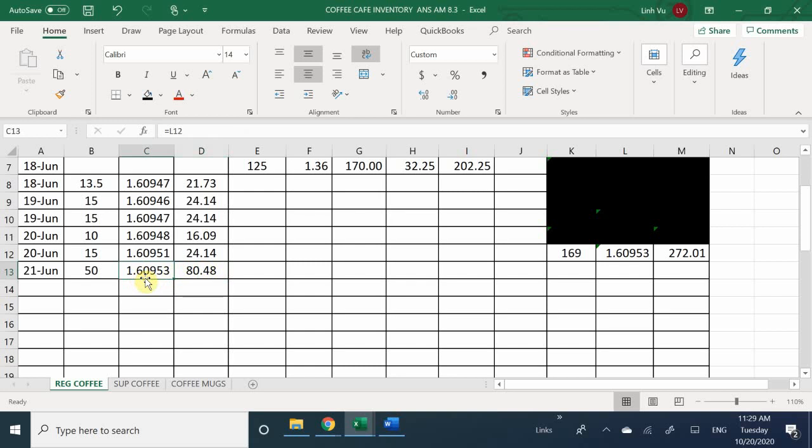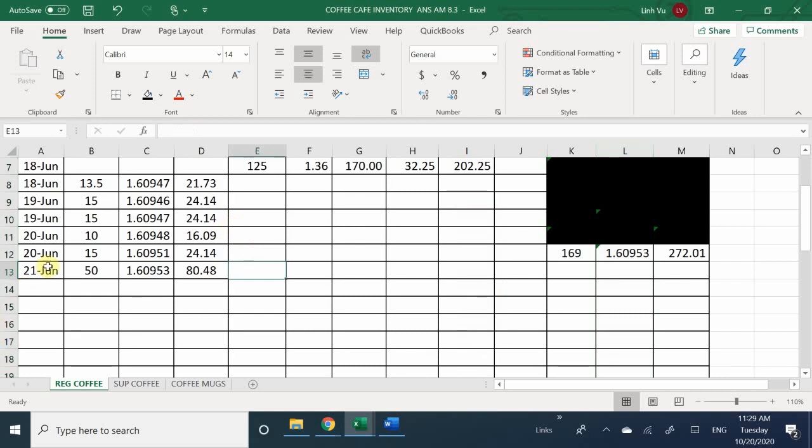No, 50 times 1.60953. So you rounded it at 3. It's much longer than 3. 80.48. Yeah. Round it at the second.